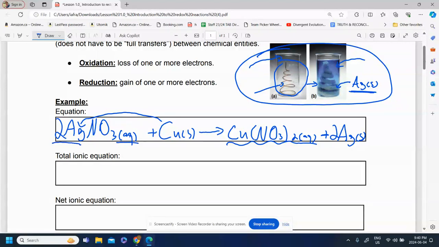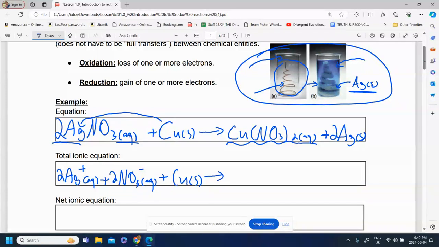So we have 2 silvers, and the charge of silver from the periodic table is silver plus 1. And then we also have, because of the coefficient of 2 here, 2 nitrates. And those are minus 1 each. Solids stay as is. There's no charge on this solid because it's not the ion, it's just the pure metal.